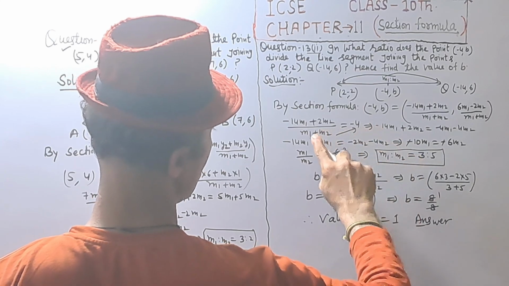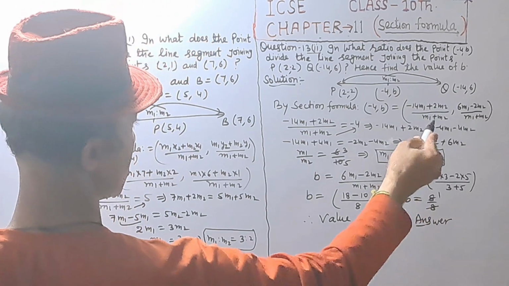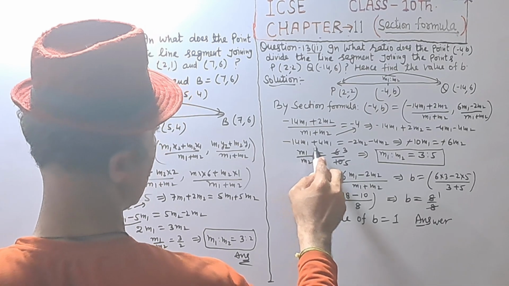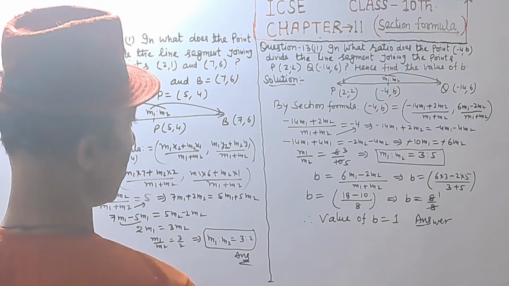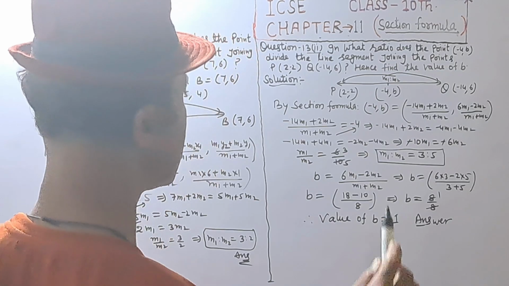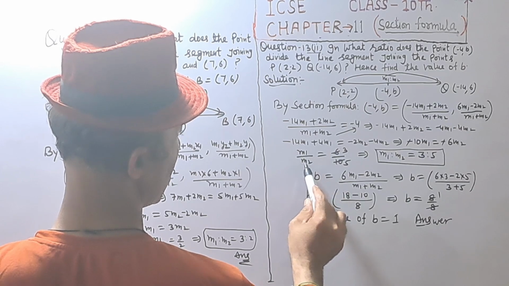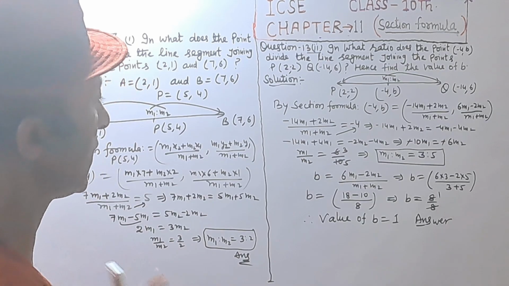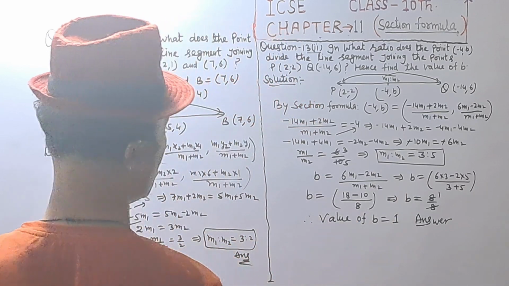Multiplying minus 4 into M1 plus M2, that is minus 4M1 minus 4M2. Shifting minus 4M1 to the left, this will be positive, and minus 14M1 plus 4M1 is equal to minus 10M1 and minus 2M2 minus 4M2 is equal to minus 6M2. Minus minus is cancelled and we find M1 divided by M2 is equal to 6 upon 10, that is 3 upon 5, as 2 threes are 6 and 2 fives are 10. So we find the ratio M1 ratio M2 is equal to 3:5.